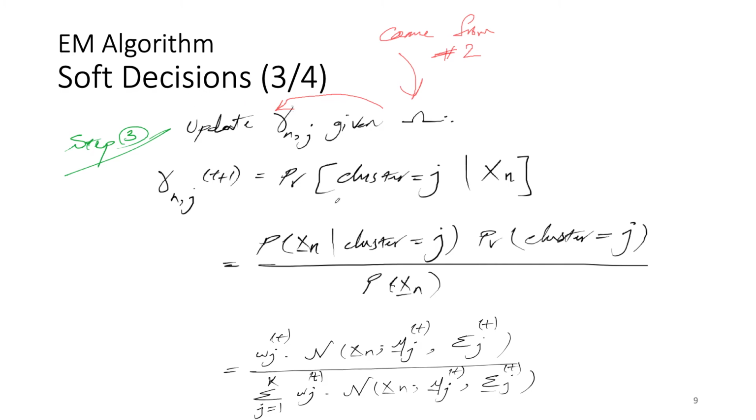So the probability of cluster J given xn. So we want to compute the likelihood of a bump membership given xn. So this will be equal to the probability of xn given being in cluster J multiplied by the probability of that cluster itself, the cluster J, and divided by the total probability, the overall Px.